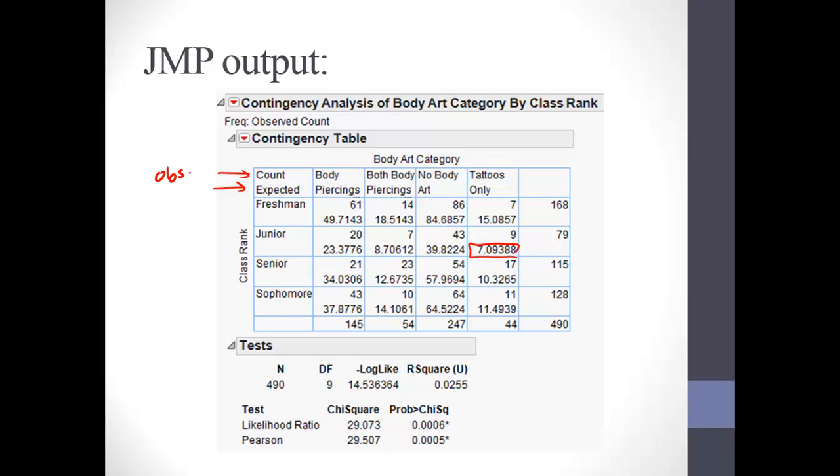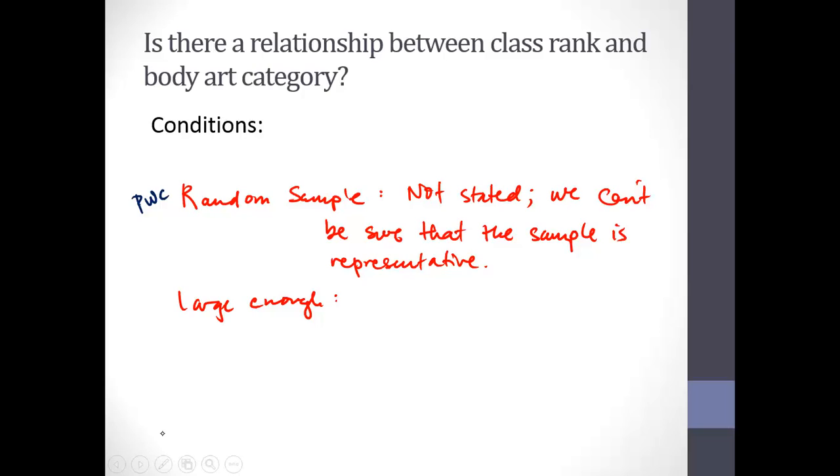So we're all set here. The smallest expected count is 7.09, which is bigger than 5. So large enough, we are all set. We're good to go there.